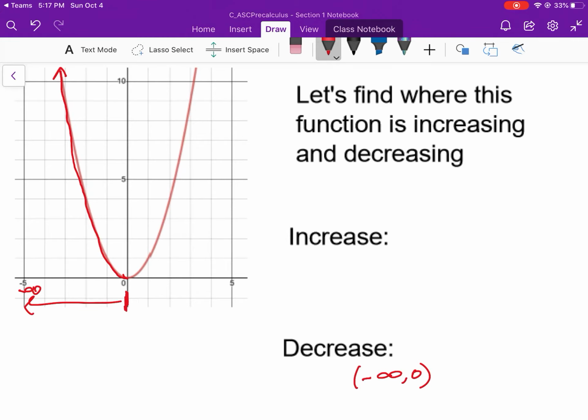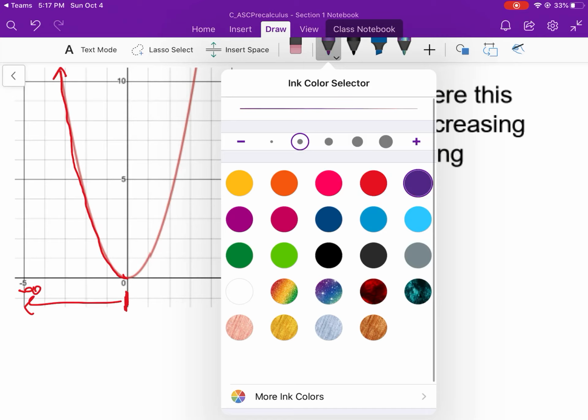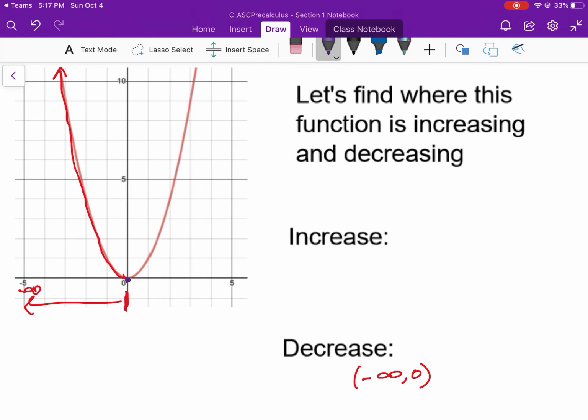We never have square brackets when we talk about these intervals, because at 0 that's where it's changing. It's neither increasing nor decreasing at 0. So then it starts to increase, going up here on the right side, and so that means it's increasing from 0 to infinity, and it keeps going and going and going.